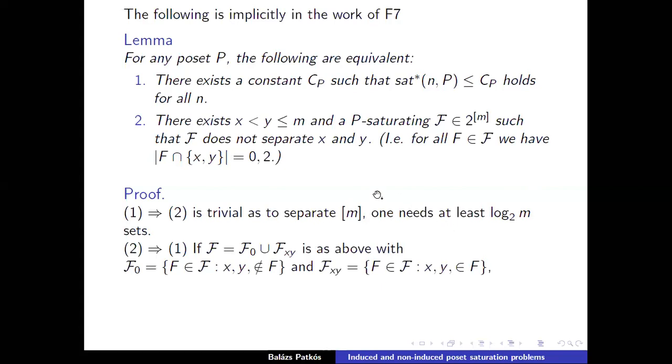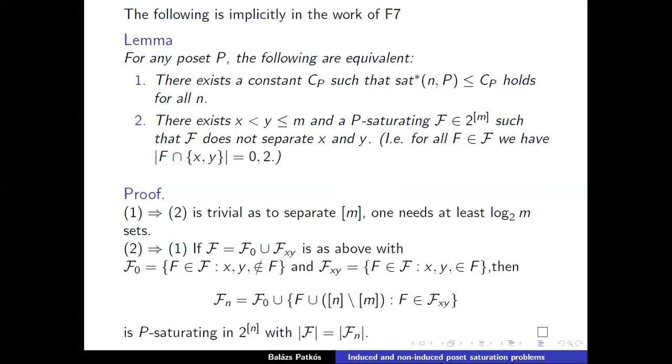If the family does not separate x and y, then the family consists of two parts: those sets that contain neither x nor y, and those sets that contain both of them. We have this family only for a ground set of size m, but based on it, we can extend it to arbitrary larger ground sets in this way.